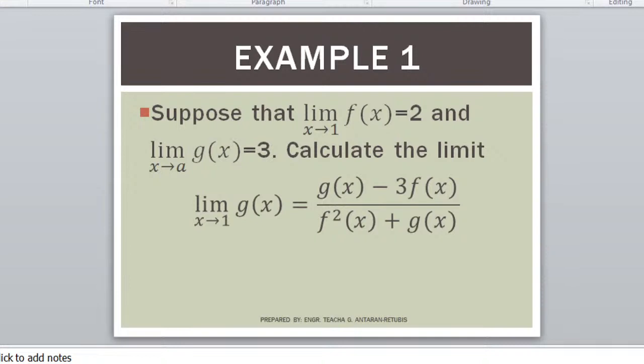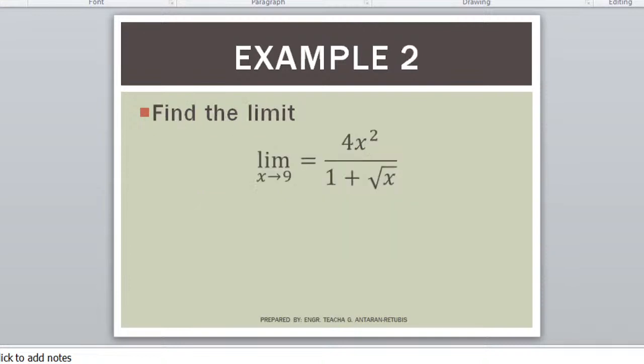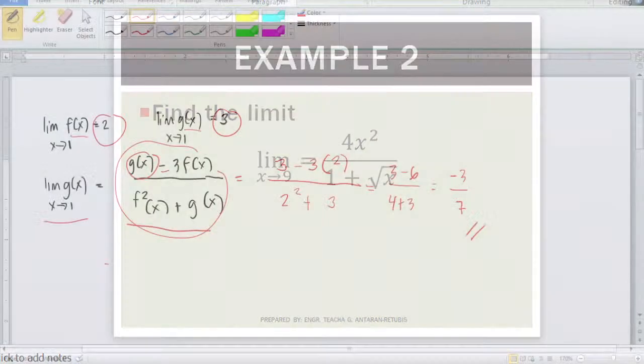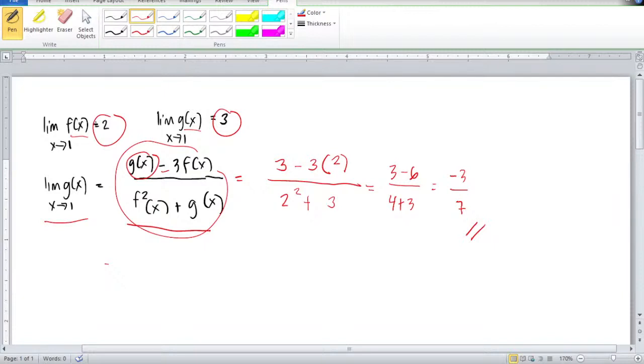Can you follow? Let us first evaluate what will be the limit of 4x squared, tapos ano yung limit ng square root of x, bago natin sila i-substitute dito. Can you follow, class? And to do that, let me first copy the value here in our Word.